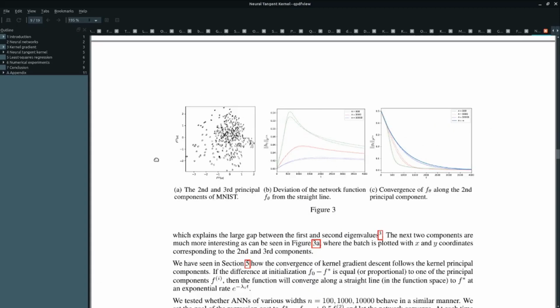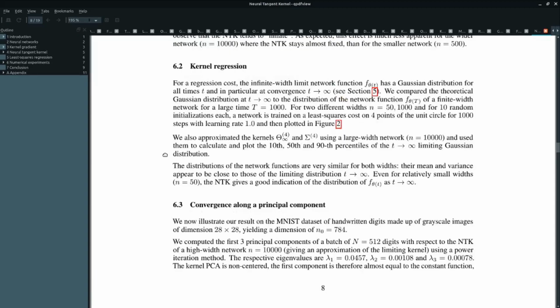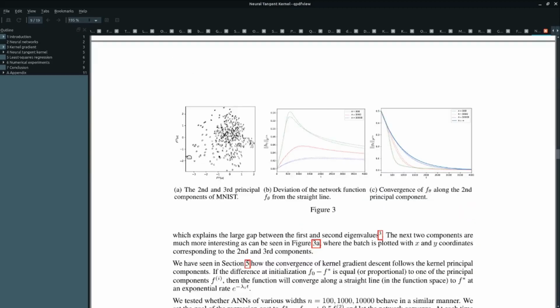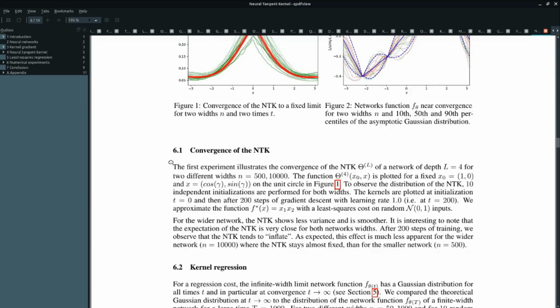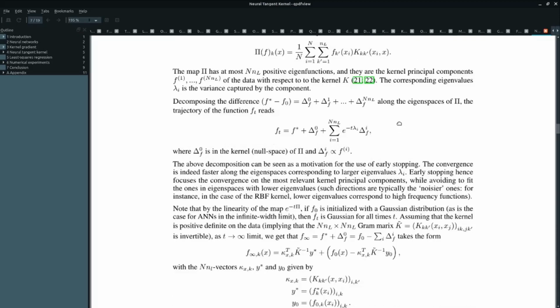I didn't mention it in the presentation, but they say we can look at these kernel components, and that gives a justification for early stopping because the lambdas are positive. In this decomposition, the largest lambdas, which are arguably the most important, will decay before the others.